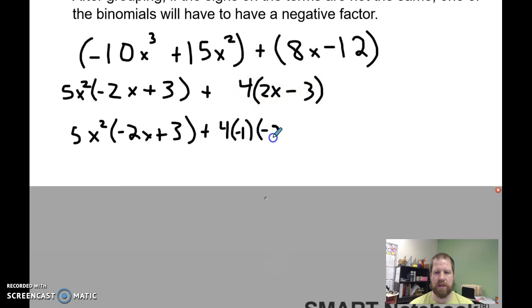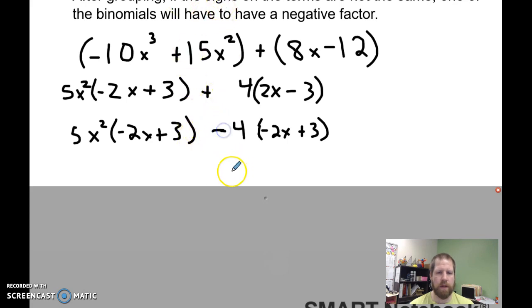So it changes this to -2x and this -3 to a +3. And then this 4 times -1 becomes -4. Let's just go ahead and erase that and change that right now. So we have a -4.